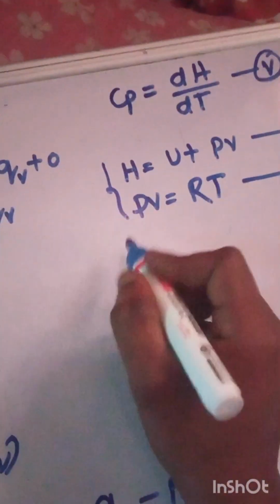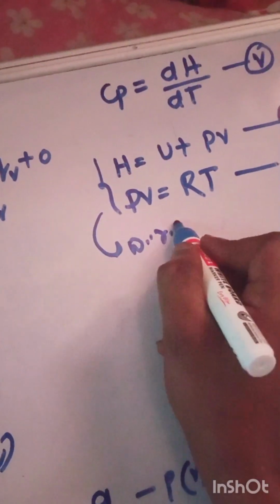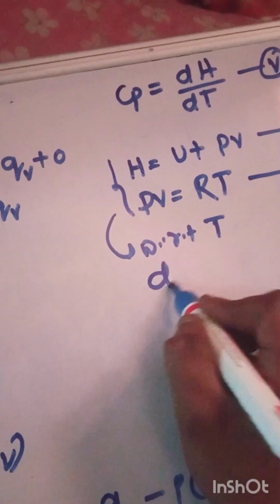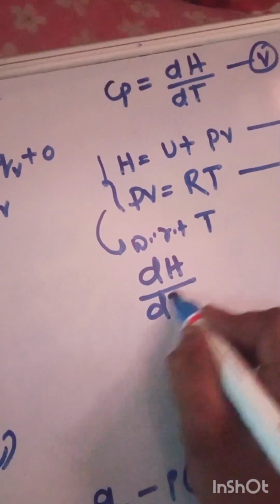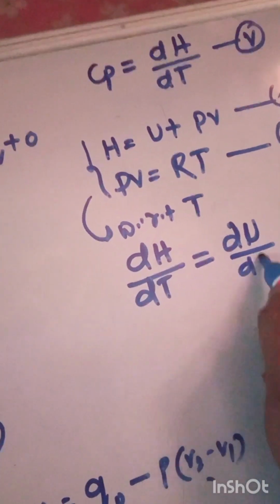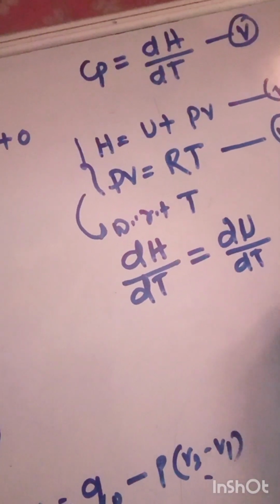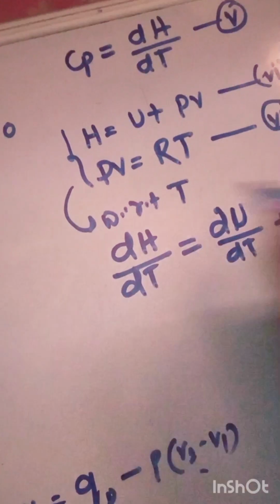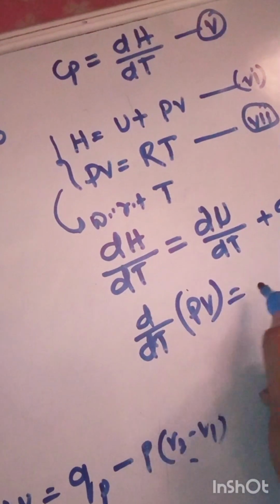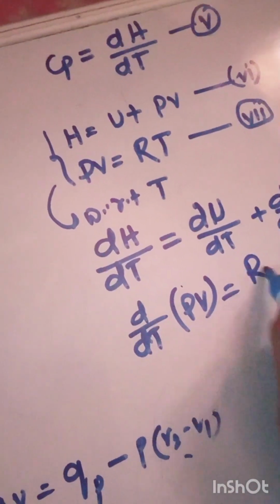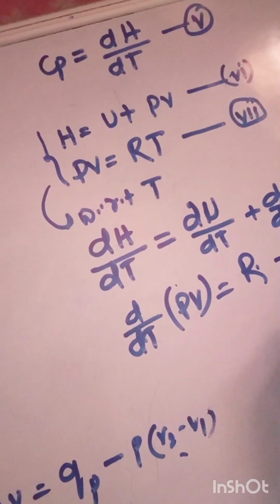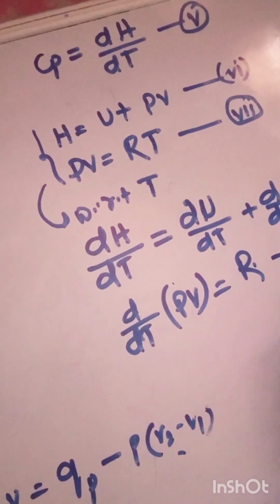Now differentiating both these terms with respect to T, you will get dH upon dT equals dU upon dT plus d by dT of PV, and this will become d by dT of RT. R is a constant and will come out, so differentiating T with respect to T, it will become 1. So this is equation 9.